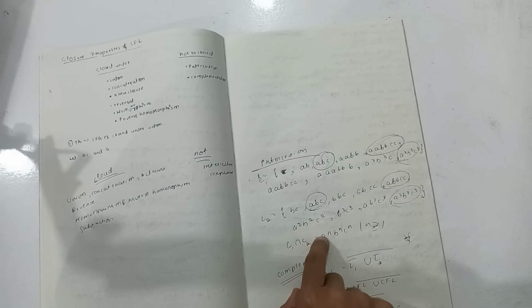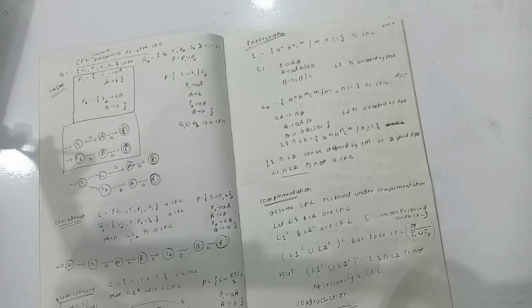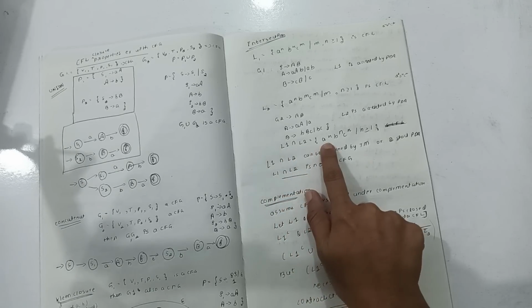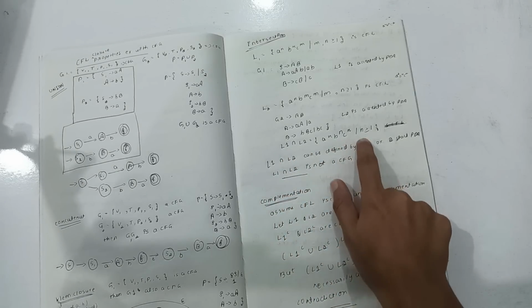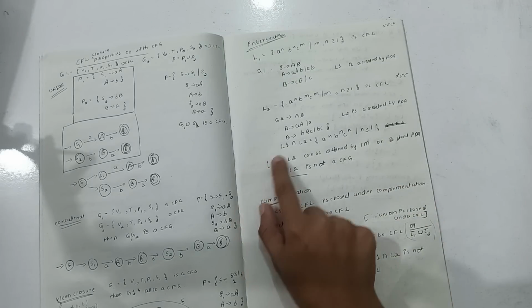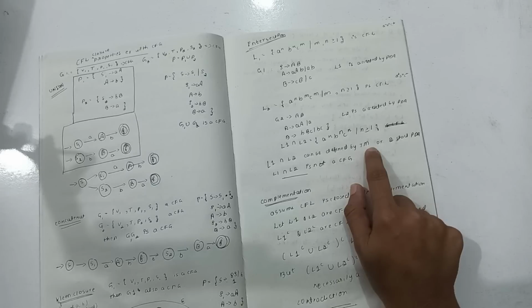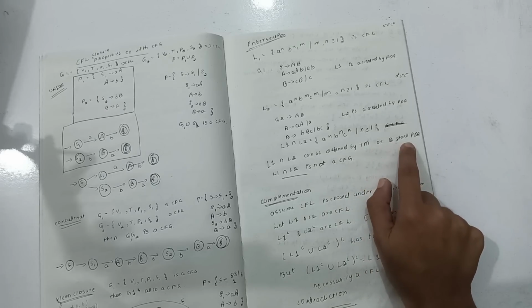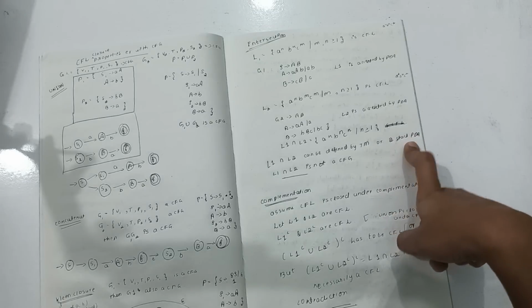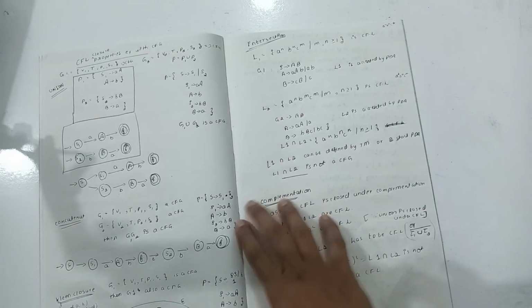So we write A^n B^n C^n where n greater than or equal to 1. The same goes here: L1 intersection L2 gives A^n B^n C^n where n greater than or equal to 1. But what happens? L1 intersection L2 can be defined by a Turing machine or a two-stack pushdown automaton. We need to define it with the help of a Turing machine, or we require a two-stack pushdown automaton, so it can't be a CFG.